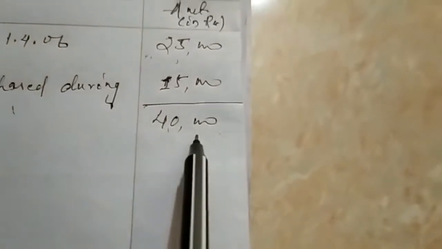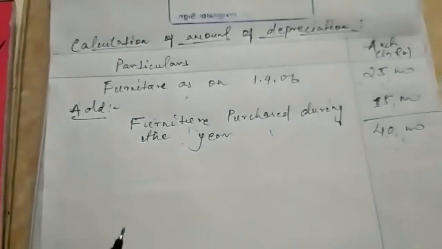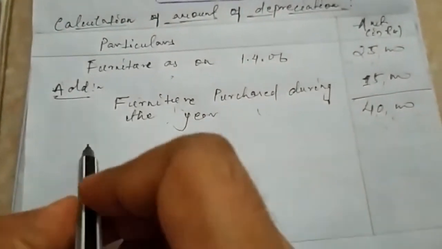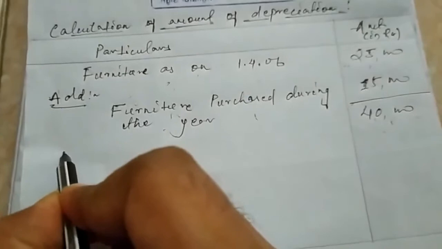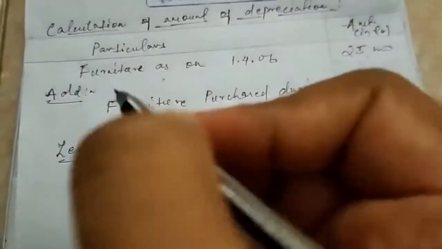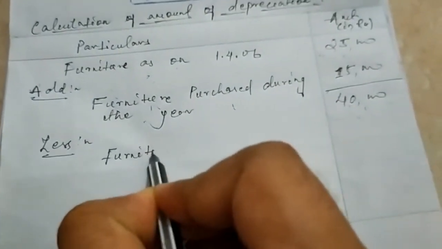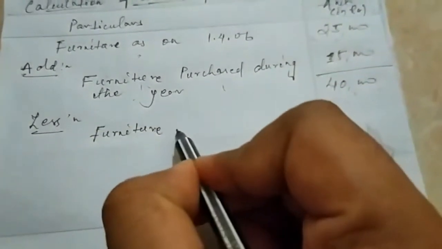Now if you sell the furniture, does this value get reduced or does it get added up? Obviously the furniture value will get reduced because it is sold. So since it is sold, we will deduct it over here. Furniture sold during the year.